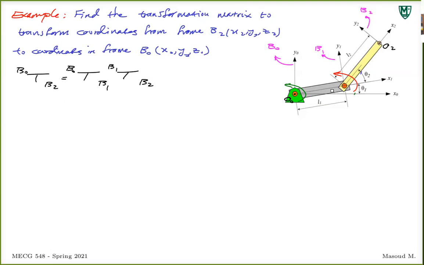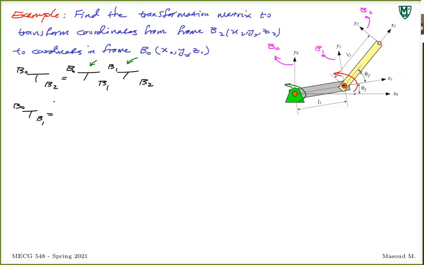All right, now let's figure this one out. Let's start with T B1 B0. I'm finding these two separately, this one, and then I plug it in and do the multiplication.